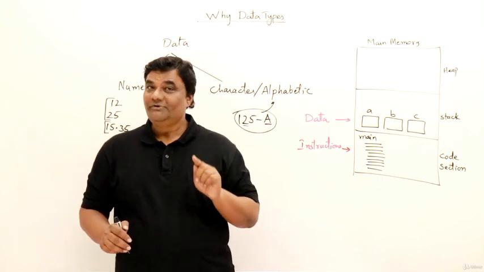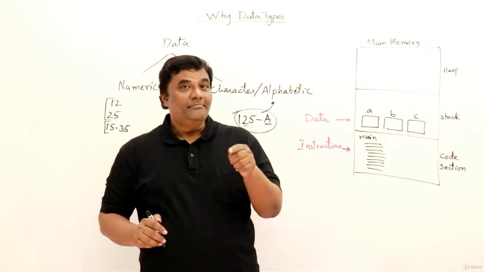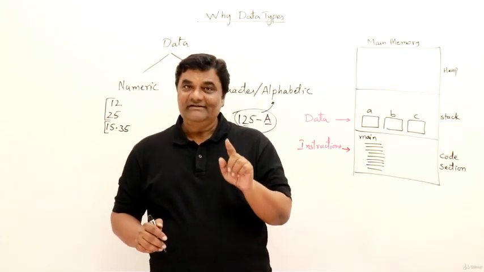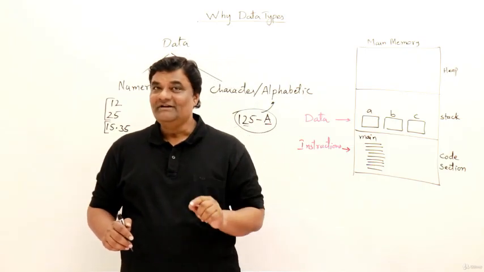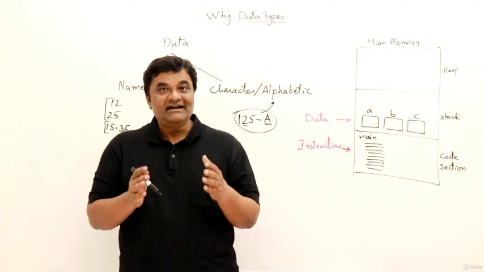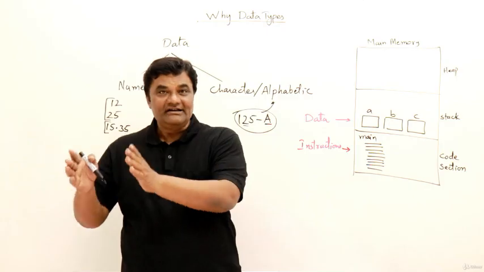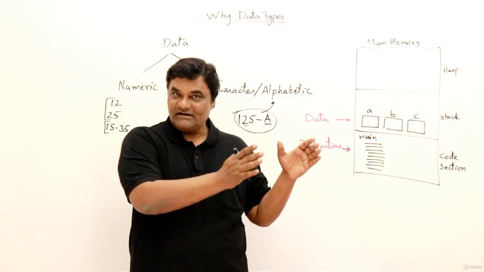But when it comes to computers, remember that a number has to be represented in binary form, right? Then how do you represent a decimal? So it's a problem. So it has to be handled specially. So numbers without a decimal are different and numbers with a decimal are different.